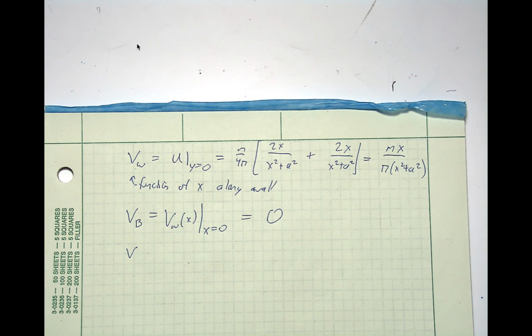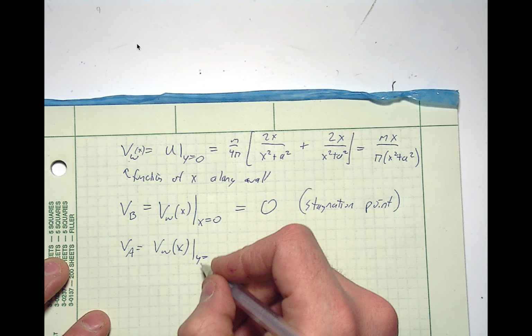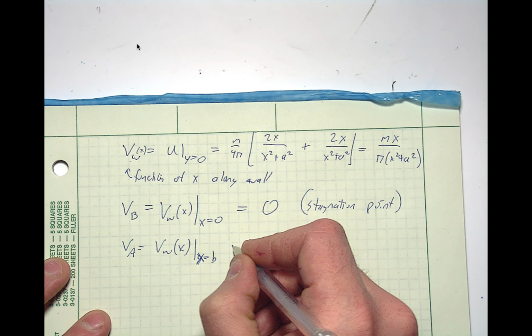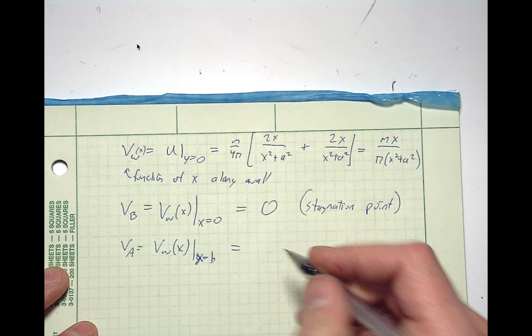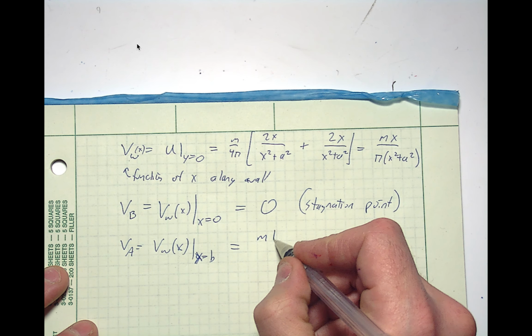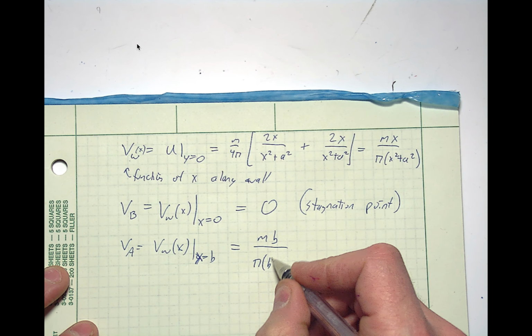B is a stagnation point, which shouldn't be a surprise. Our velocity at A is then just the wall velocity as a function of x evaluated at x equals b. And so we just have mb over pi times b squared plus a squared.